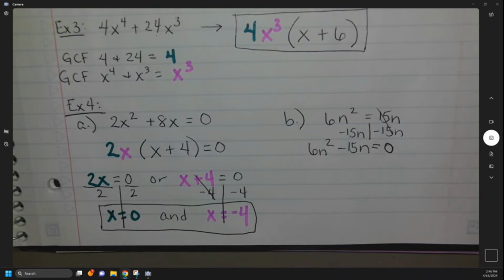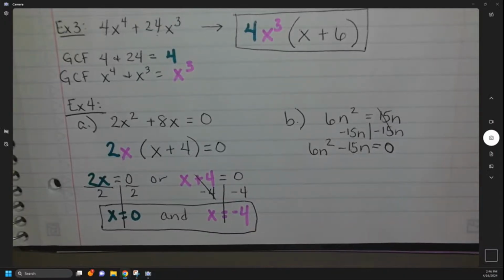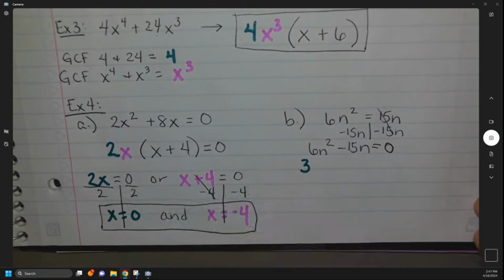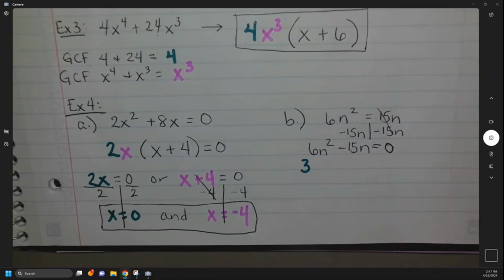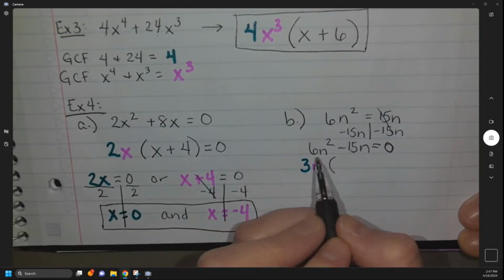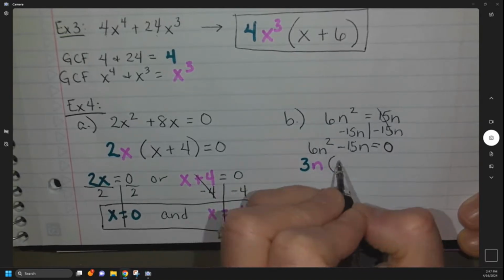All right, so now I've got to factor it. Greatest common factor of 6 and 15 would be 3. Greatest common factor of n squared and n would be n. So 3n combined is our greatest common factor. 6n squared divided by 3n, well, 6 divided by 3 is 2.